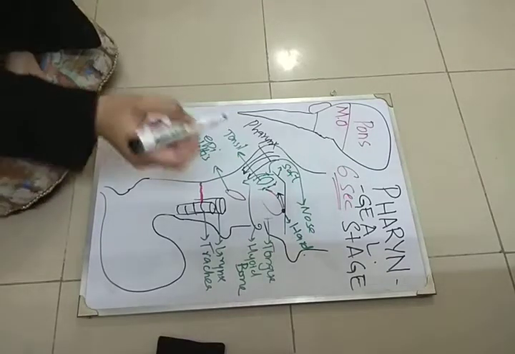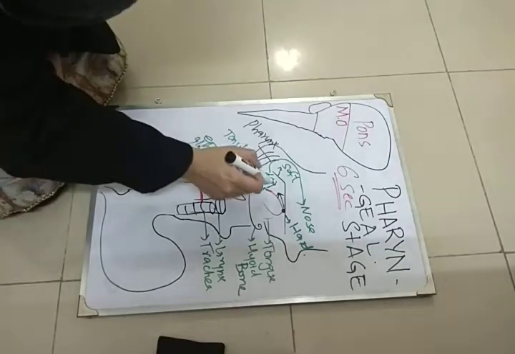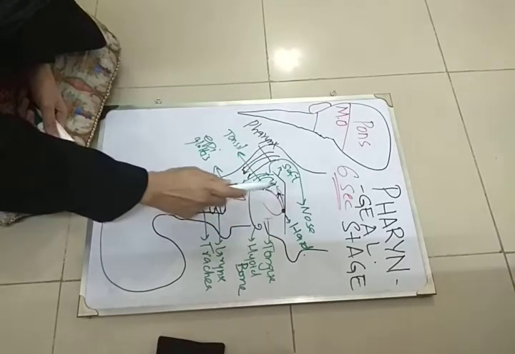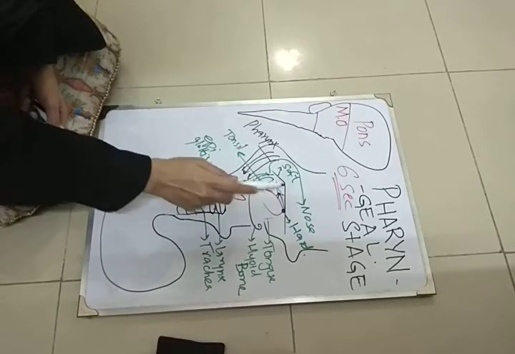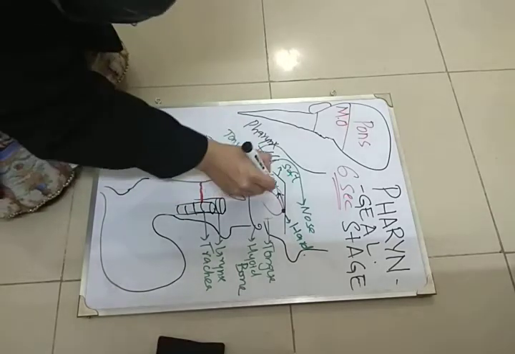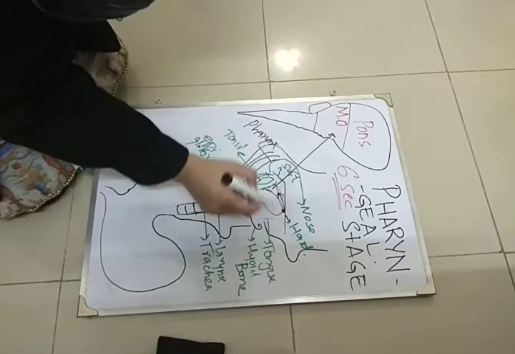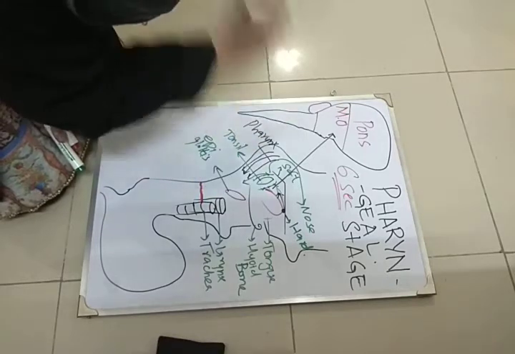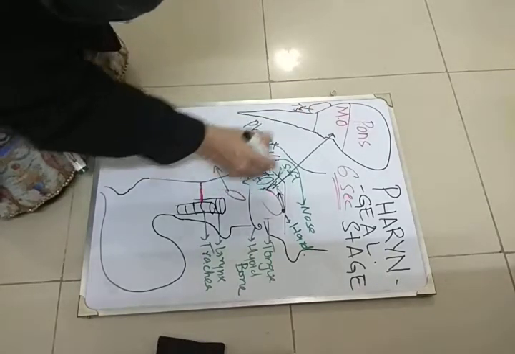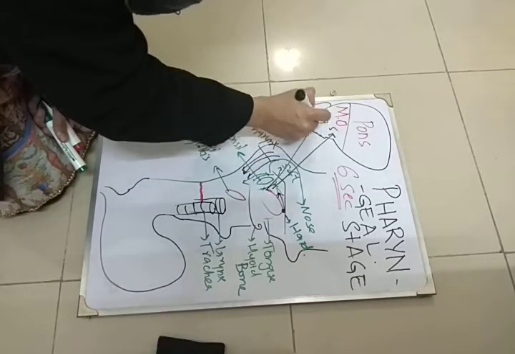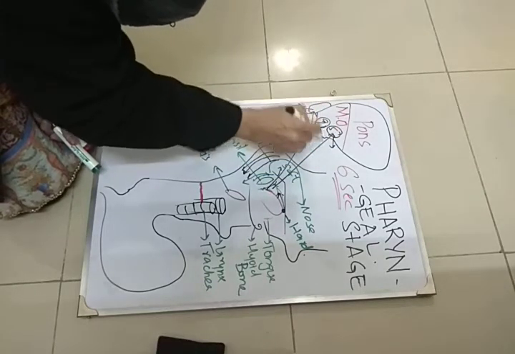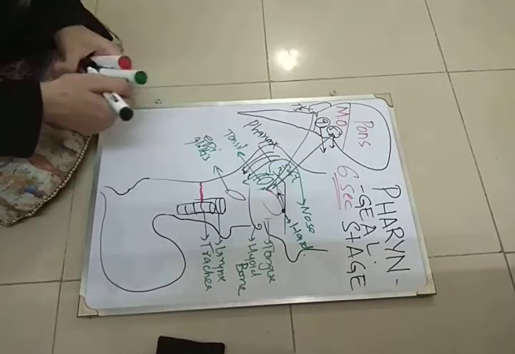So as soon as the bolus comes downward, it encounters the tonsil and the tonsillar pillars, which are rich in the epithelial swallowing receptors. These send signals to the medulla oblongata and the tractus solitarius. This is the tractus solitarius. Through the 5th and the 9th cranial nerve. The 5th is also known as the trigeminal nerve and the 9th is also known as the glossopharyngeal nerve.